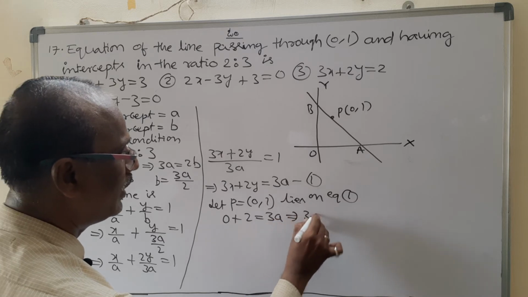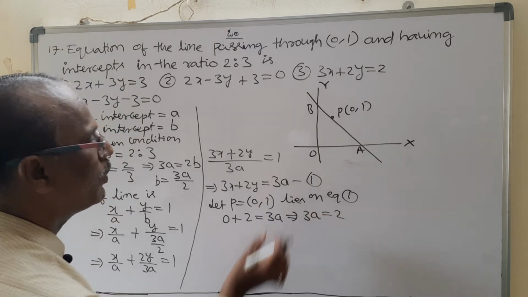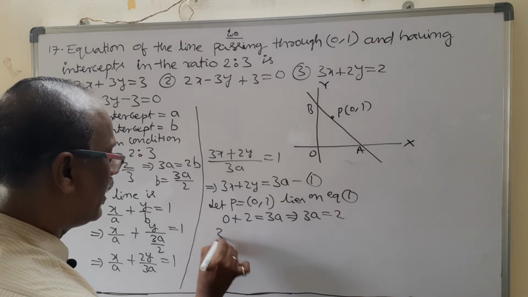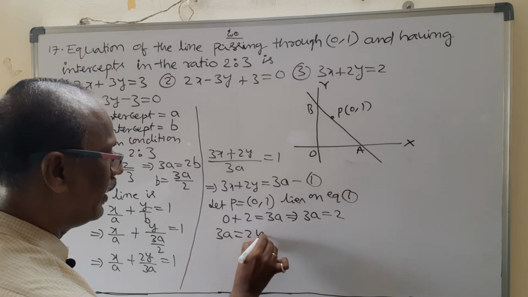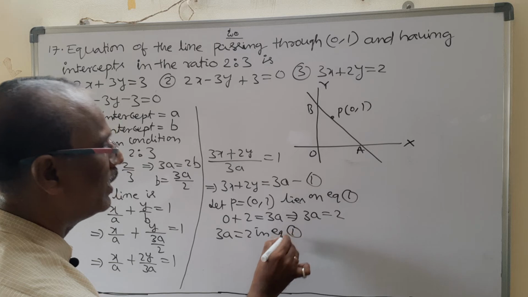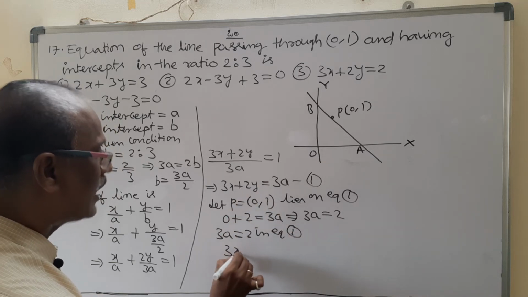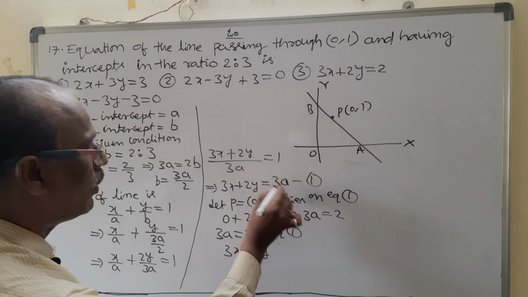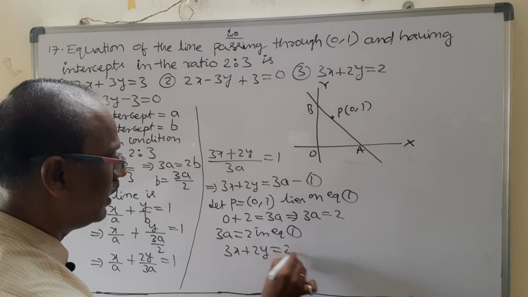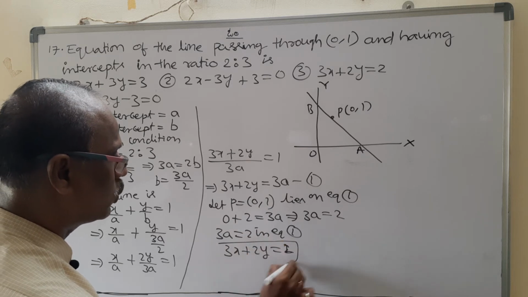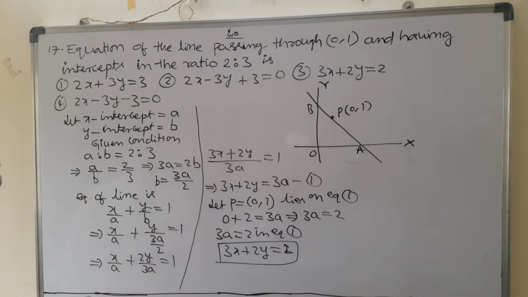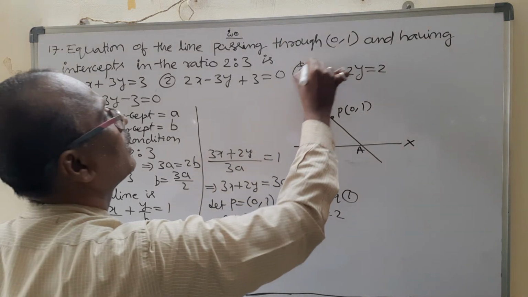Here 3a equal to 2. The 3a value is 2, so in equation 1, 3x plus 2y is equal to 2. This is the answer. Third option is right.